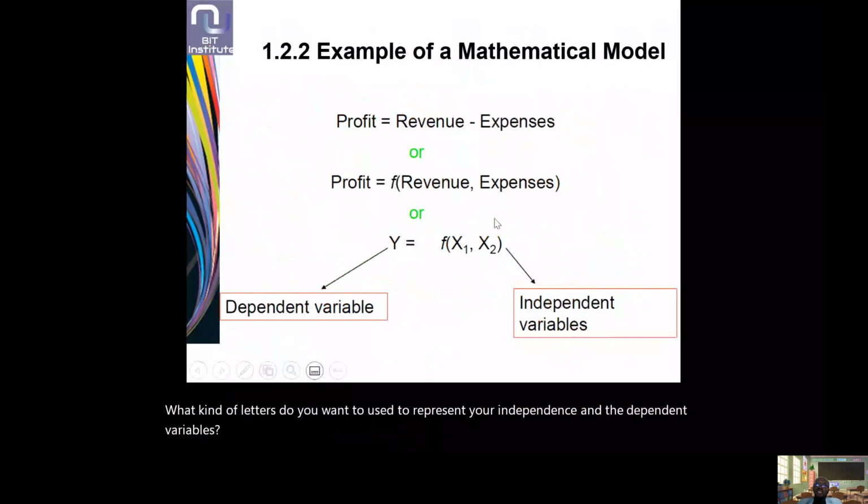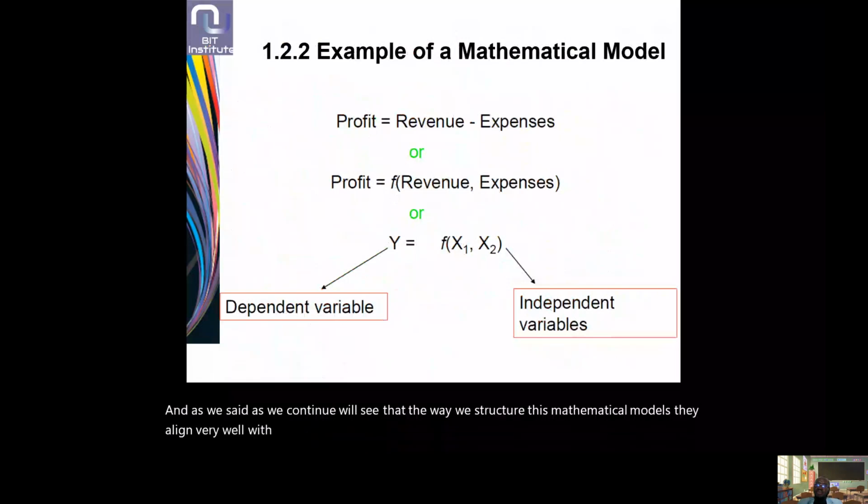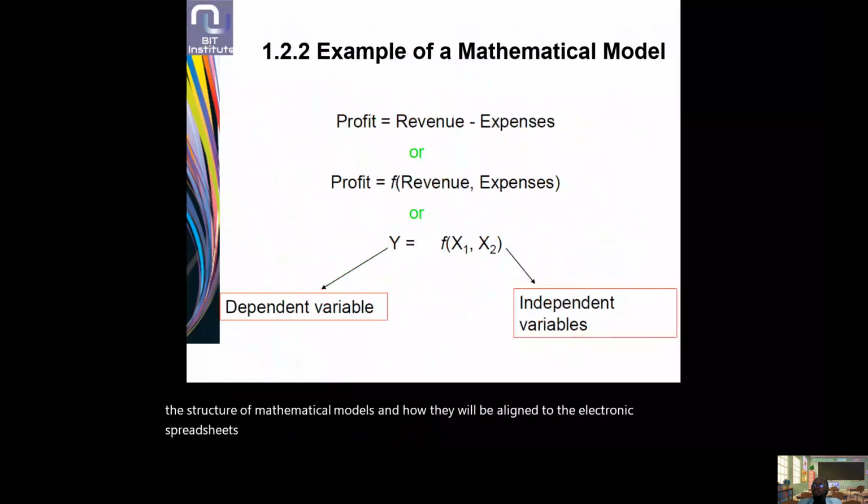As we continue, we'll see that the way we structure these mathematical models aligns very well with how electronic spreadsheets work. That's why we are going through this, to understand the structure of mathematical models and how they will be aligned to the electronic spreadsheets that we normally use.